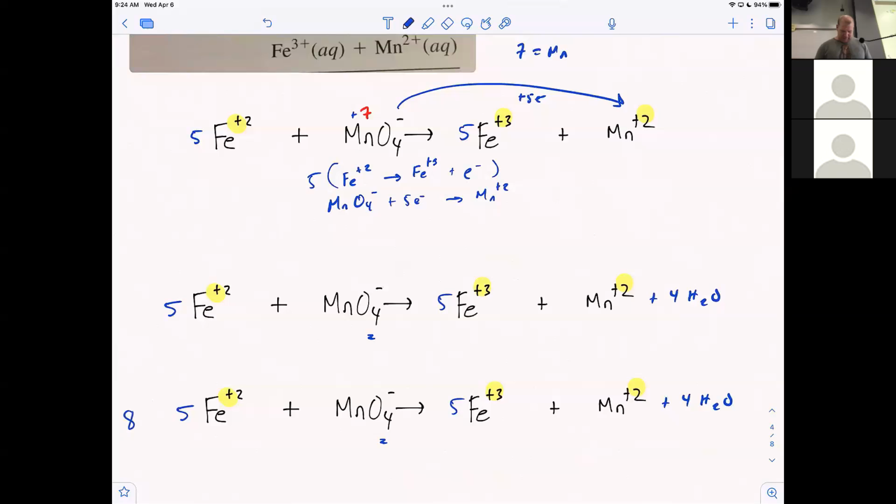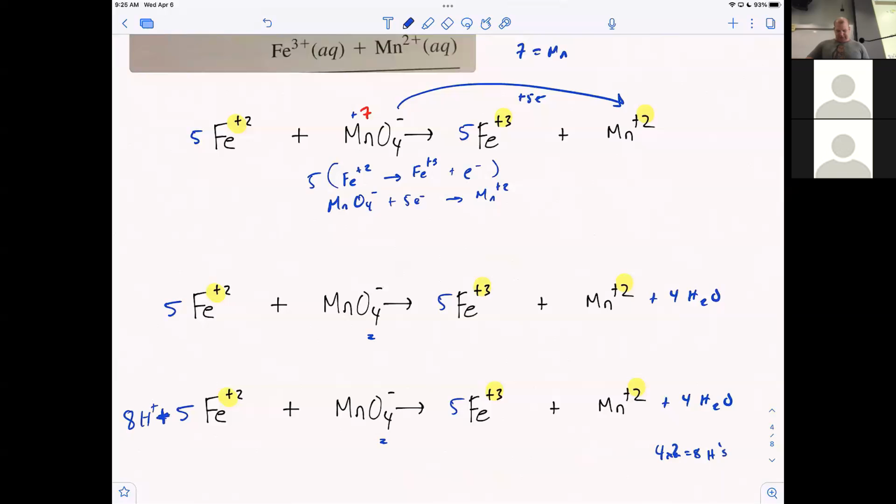So you need 8 hydrogens on the other side. So 4 times 2 equals 8 hydrogens. So there's 8 hydrogens on the right, so you need 8 hydrogens on the left. So you add 8 acids on the left to balance it.